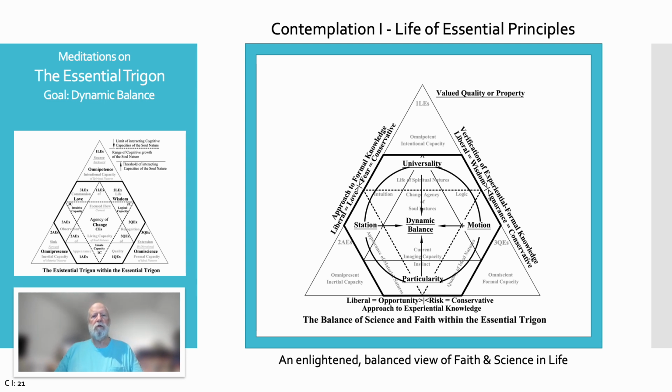The balancing approach to adjusting the dynamic of the existential expression of the essential trigon is to use the wisdom to be found through science with love to be found through faith, once the fundamentals of leveling the vertical axis are understood.